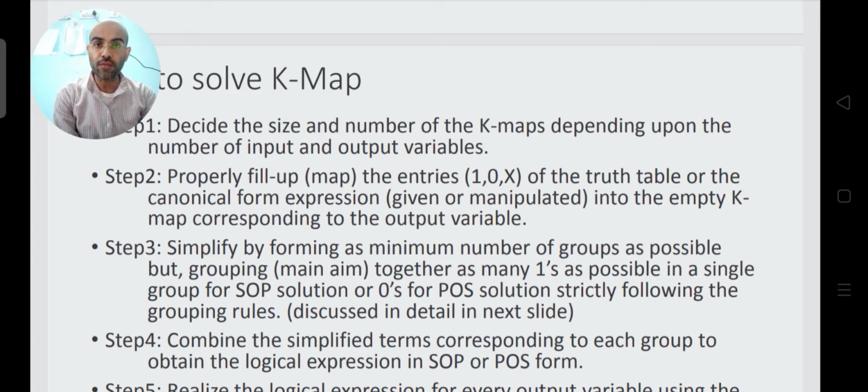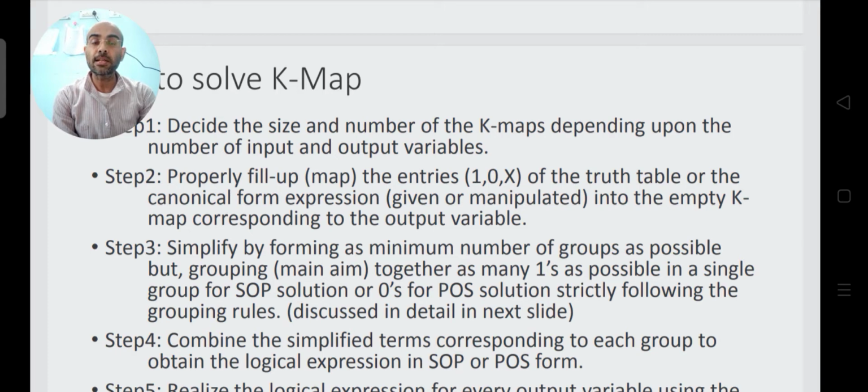This is what we studied when discussing number systems. In the 8421 BCD code there are 6 unused or invalid states, and those invalid states are marked as don't care.